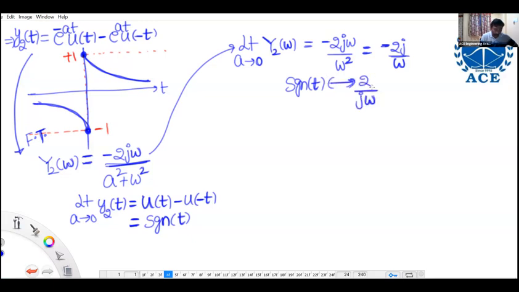Minus j I have written as 1 by j. So the signum function is a Fourier transform pair with 2 by j omega.